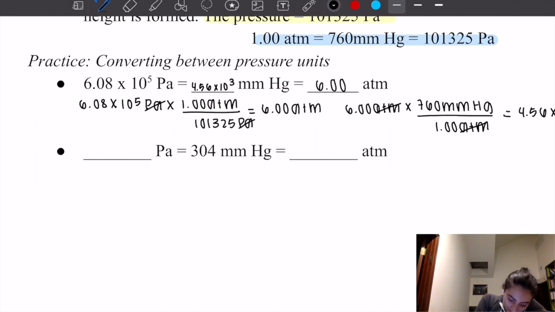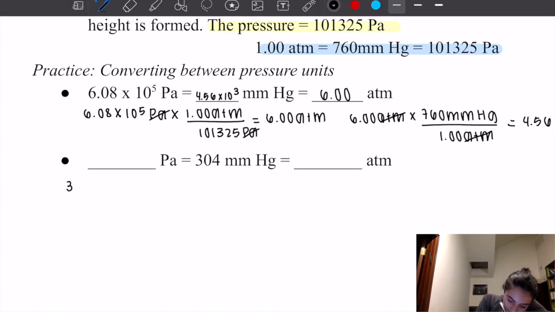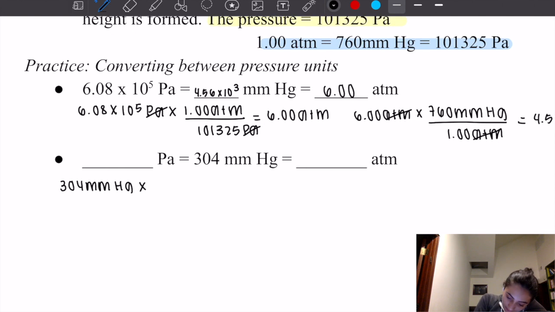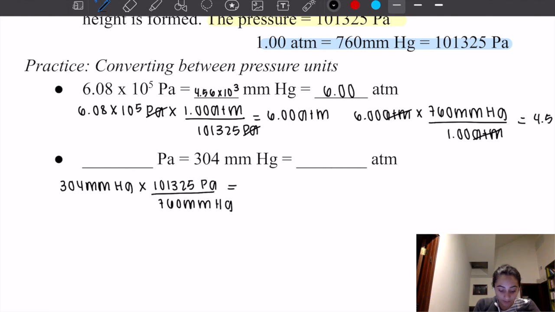So I'm going to write 304 millimeters of mercury times 101,325 pascals over 760 millimeters of mercury. So I'm going to multiply 304 by 101,325 and then divide by 760 to get 4.05 times 10 to the 4th pascals.